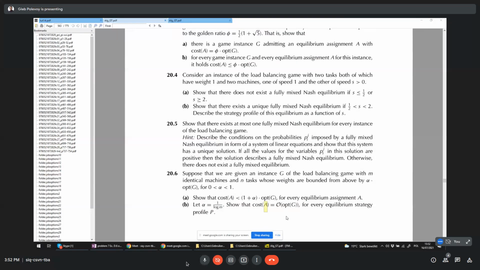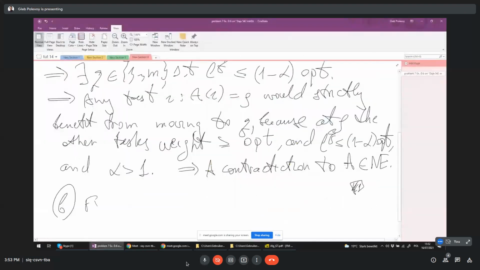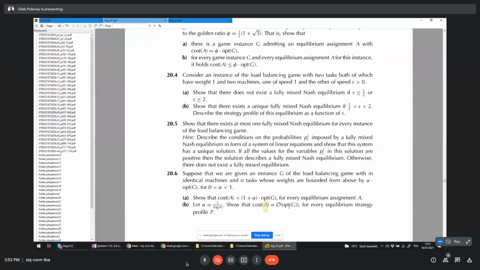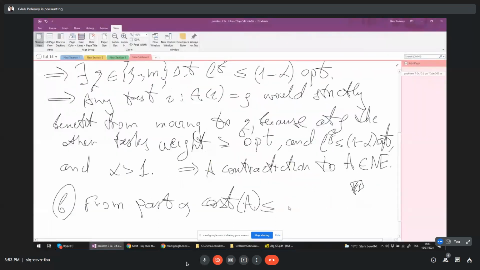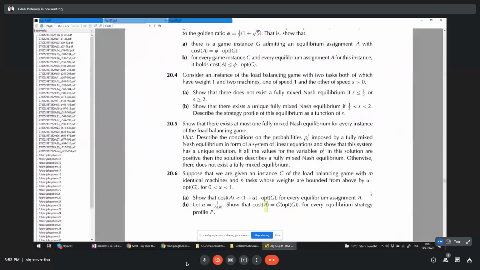Don't you see? The first part tells us, from part A, the cost of A is strictly smaller than 1 plus alpha times optimum. That's something we proved in part A, right?